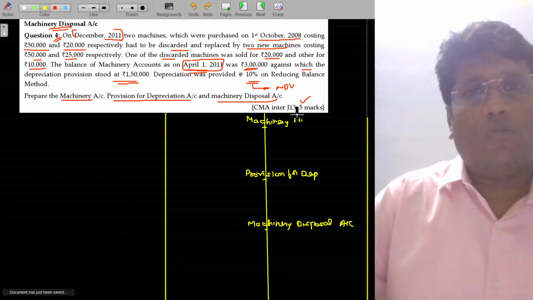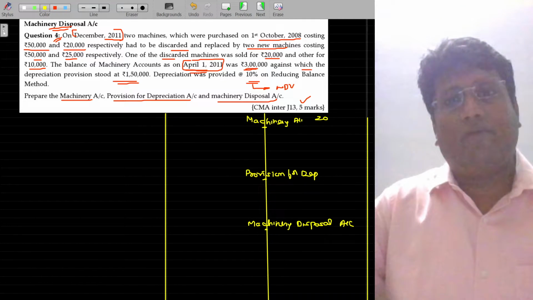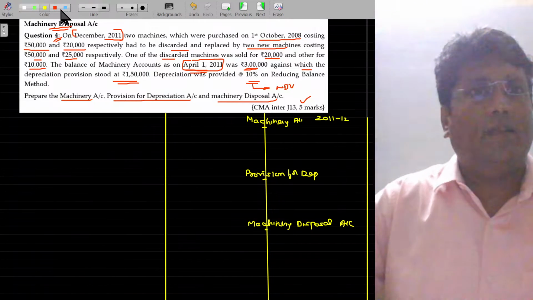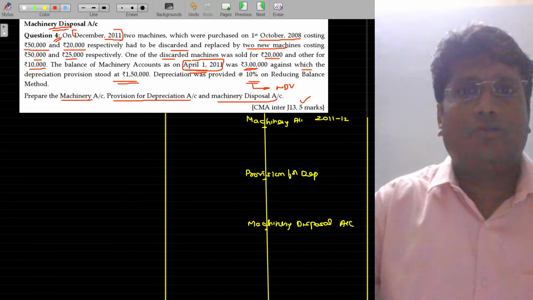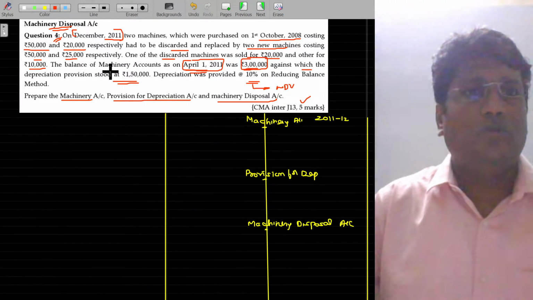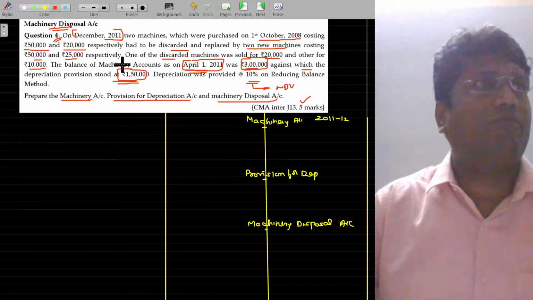Now, I am going to prepare for only 1 year, 2011 and 12. Initially we have 3 lakhs rupees as assets value, provision for depreciation being 1,50,000.